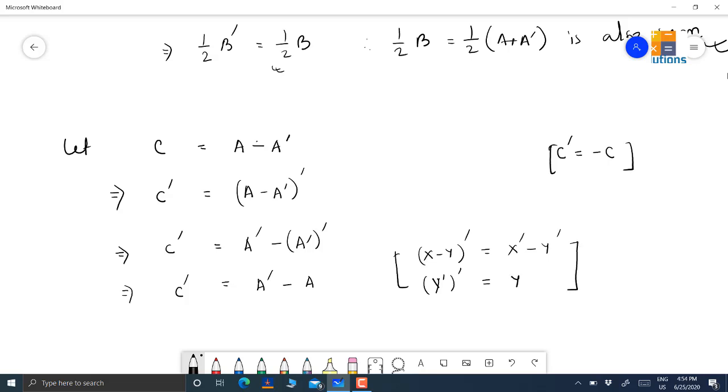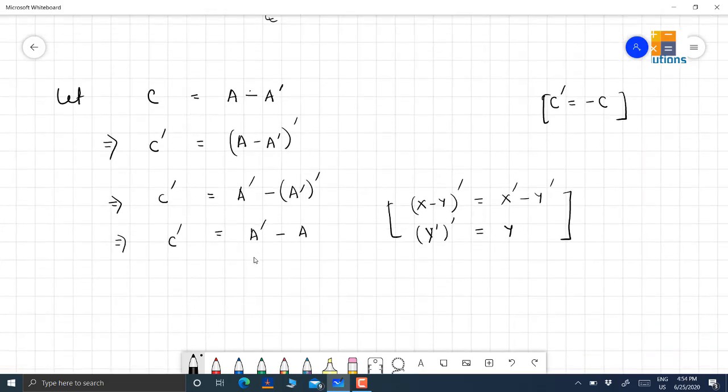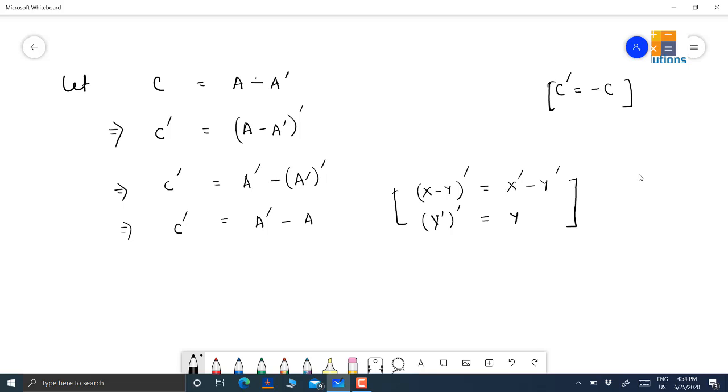Transpose of the transpose of a matrix is the matrix itself. After this, I can take the minus sign common. If I take out the minus sign on the right hand side, I get minus A dash. So this gives us the result C dash is equal to minus C. Therefore, C is skew symmetric.